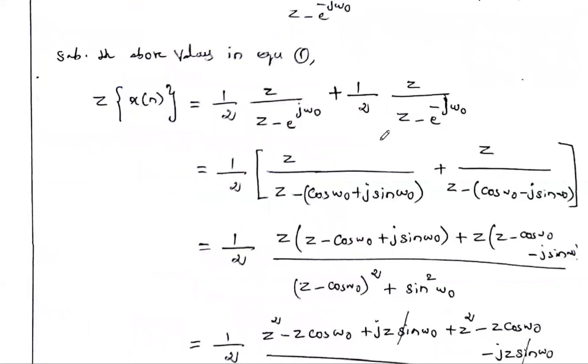Next, we have to simplify this using LCM and some simplification, so that we get the standard answer for this cos omega naught n u of n problem.